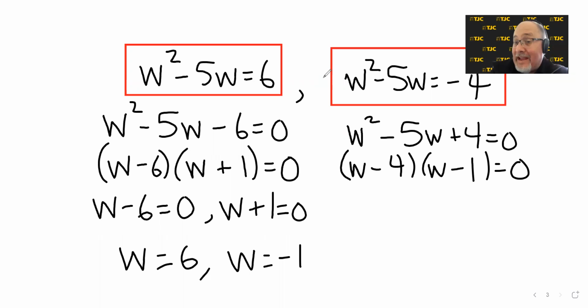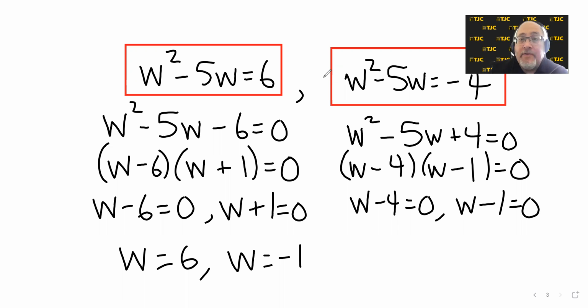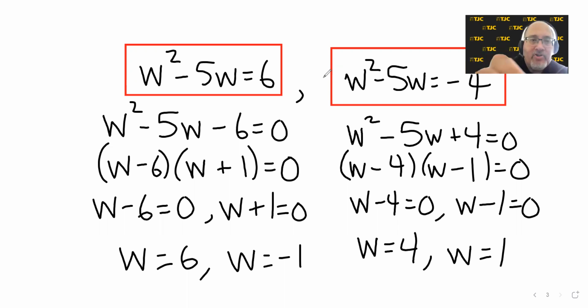It is now factored and equal to 0. So we set each factor equal to 0 and get w − 4 = 0 and w − 1 = 0. Solve those pretty easily. For the first one, we would add 4 to both sides and get w = 4. For the other one, we would add 1 to both sides and get w = 1. And we have our solution.